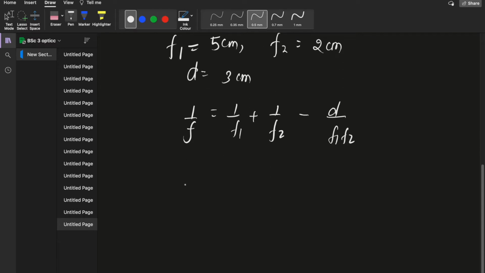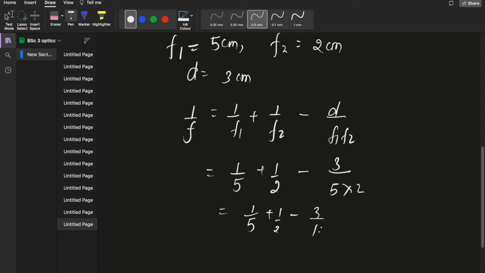So 1 upon f is 1 upon 5 plus 1 upon 2 minus d upon f1 f2, where d is 3 and f1 f2 is 5 into 2. So this will give me 1 upon 5 plus 1 upon 2 minus 3 upon 10. On taking LCM, this gives 2 plus 5 minus 3 upon 10.